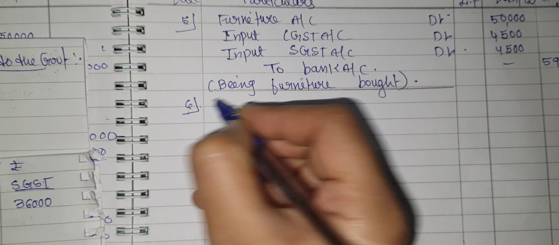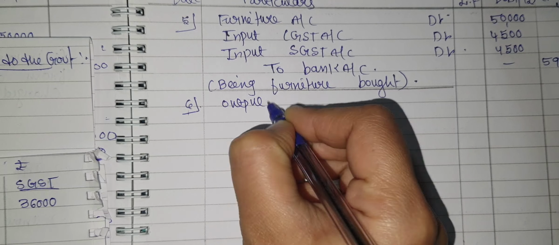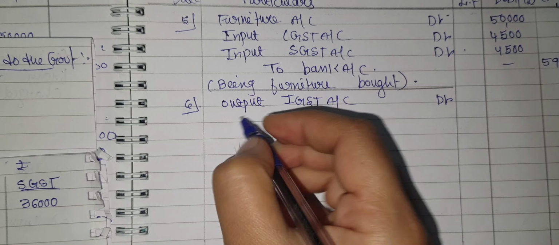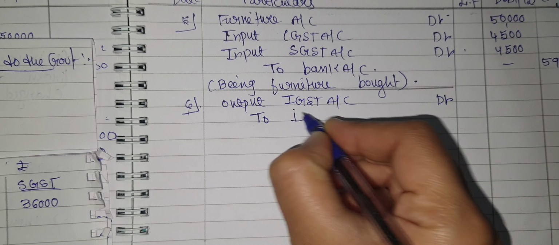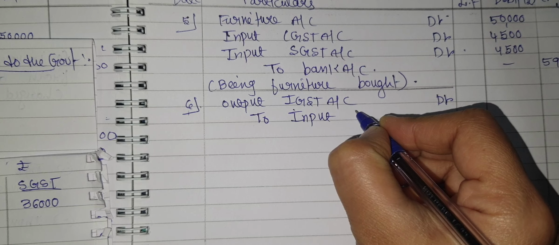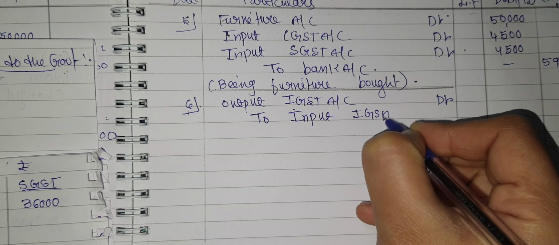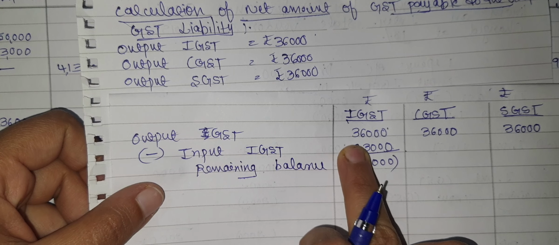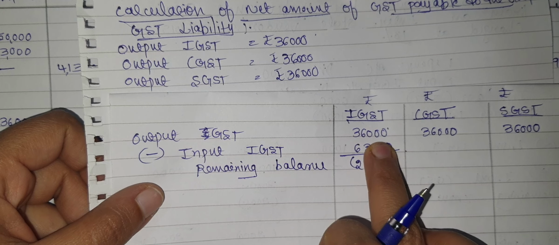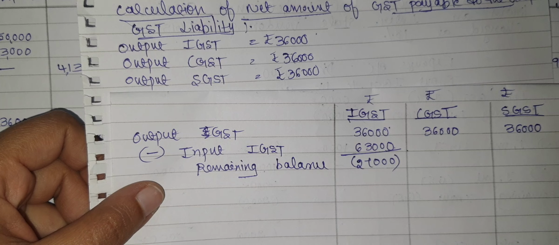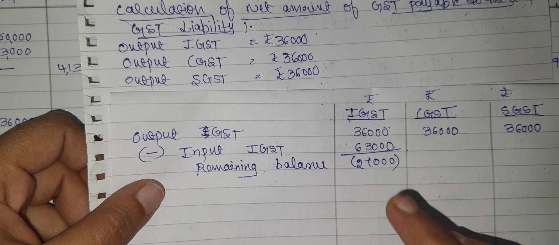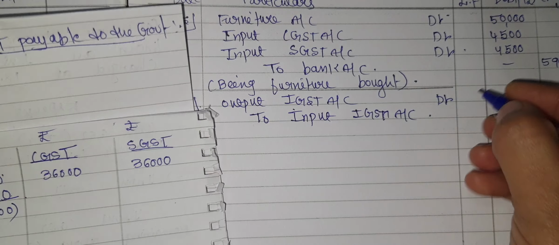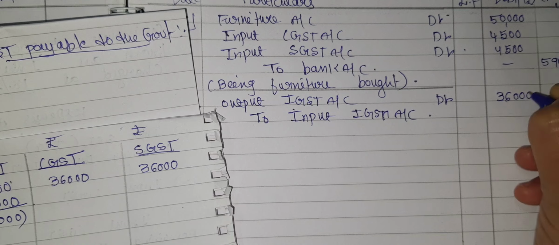The sixth one is output IGST account debit to input IGST account. In this we have set off the entire 36,000 rupees, which means we need not pay any tax to the government. We have already paid rupees 36,000 on purchases, that is rupees 36,000.